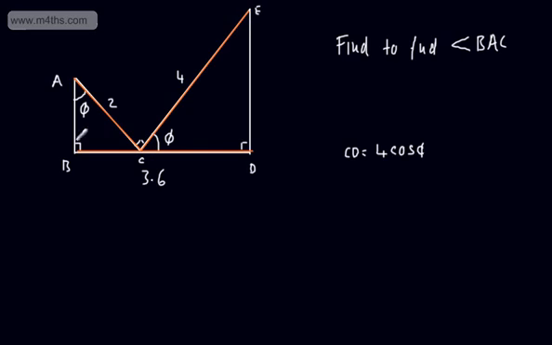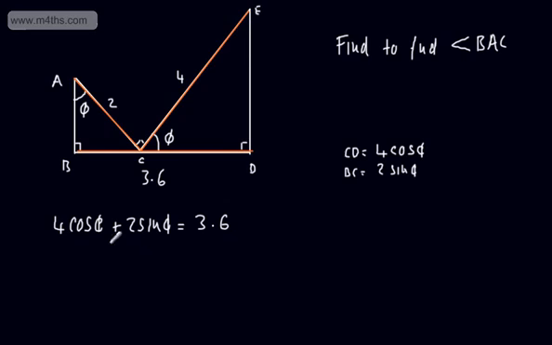B to C is going to be 2 sine of theta. So we can now say that 4 cos of theta plus 2 sine of theta is going to be equal to 3.6. All I'm doing is using basic right angle trig, and you've now seen that this has thrown us into solving this particular equation.